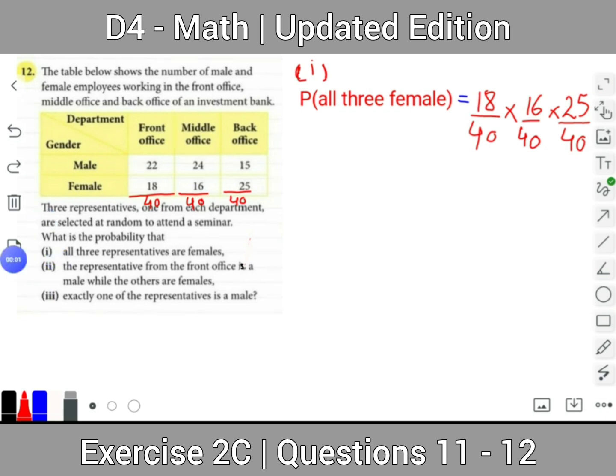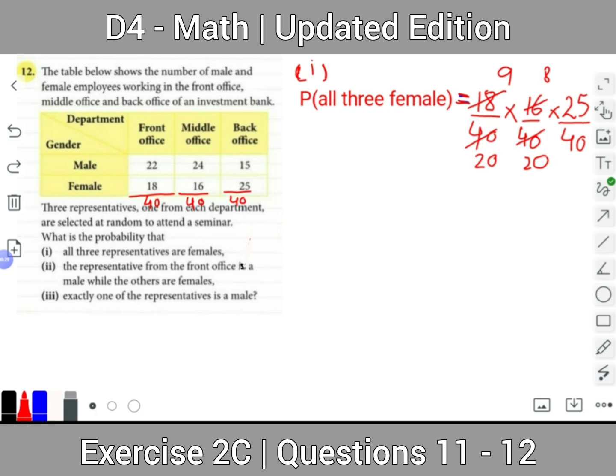Now we will see if we can make any further simplifications. So here we have 2 nines are 18 and 2 twenties are 40, 2 eights are 16, and 2 twenties are 40.